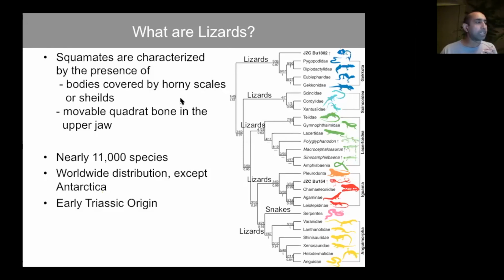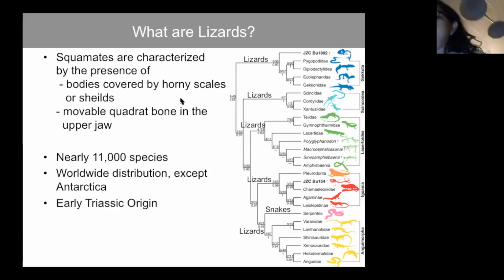So it's movable compared to other reptiles. There are about 11,000 species of lizards, and they're found all over the world except Antarctica. And according to the fossil evidence, they seem to have a Triassic origin.